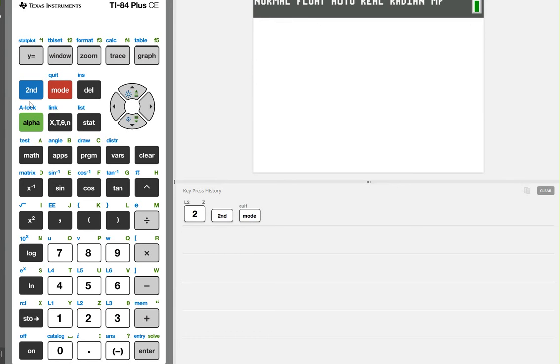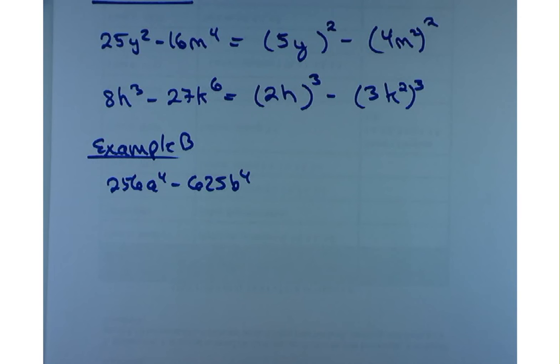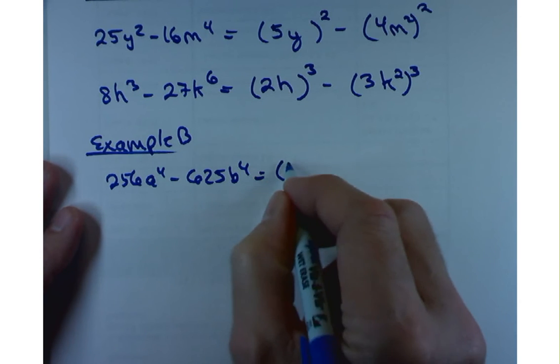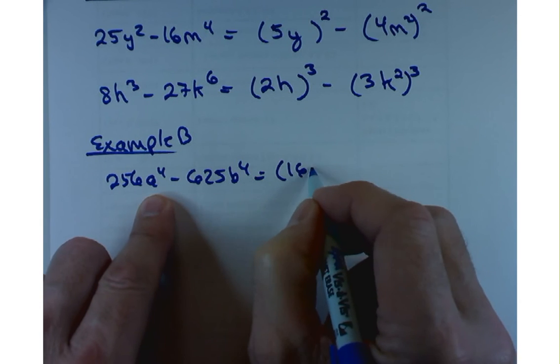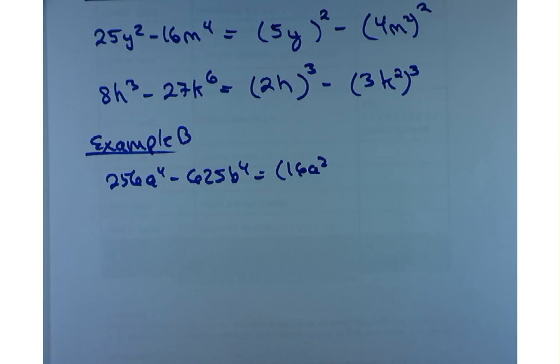If you don't know what you square to get 256, do this. Take the square root of 256. And if it works out to be an even number, then 256 is a perfect square. Beautiful. So we'll put that in there as 16, and then a to the 2nd. You can play the same game with 625 if you're like, oh my gosh, that's way bigger than I know.